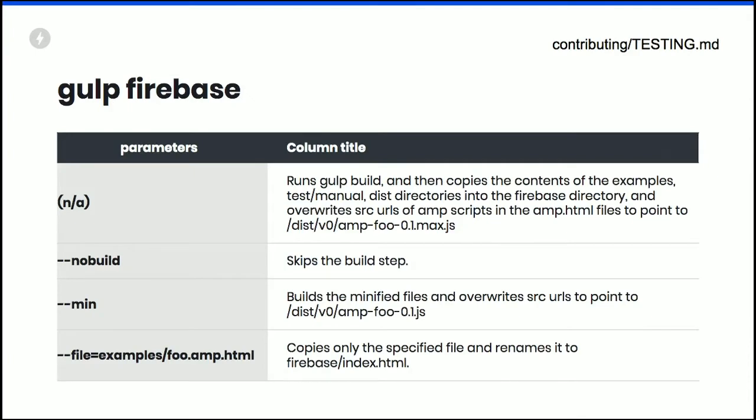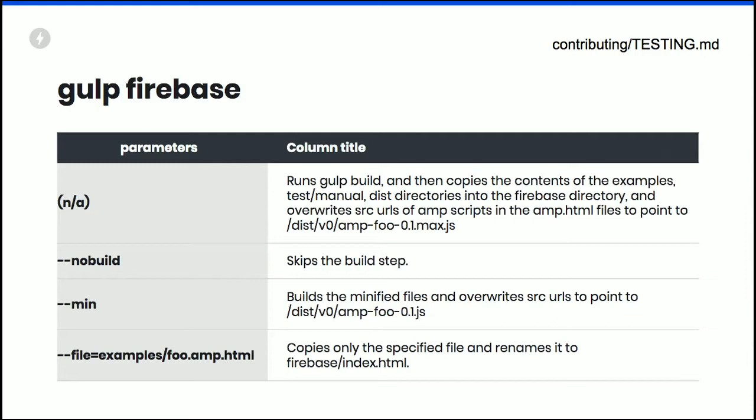So the next thing is running gulp firebase to actually build your project and copy the contents of that to the firebase folder. There are actually a few flags I find really useful here. First is no build, which, as the name suggests, doesn't build. So this is useful if you already ran gulp and you already built the project. It saves a lot of time, so you don't have to do that again.